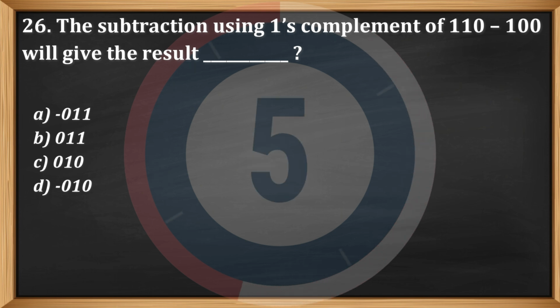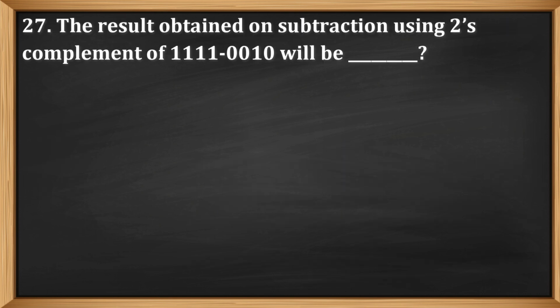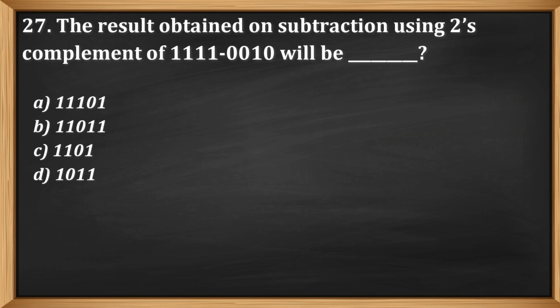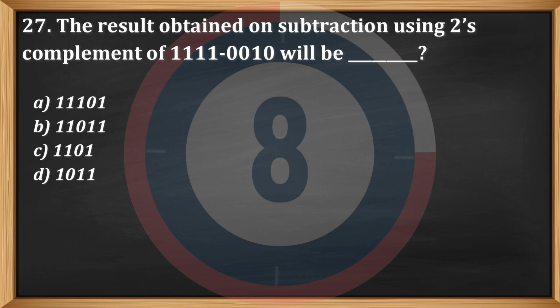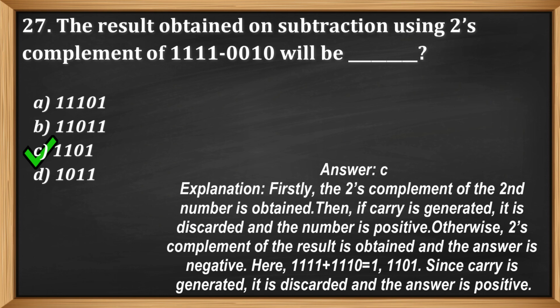The subtraction using 1's complement of 110 minus 100 will give the result option C, 010. The result obtained on subtraction using 2's complement of 111 minus 0010 will be option C, 1101.